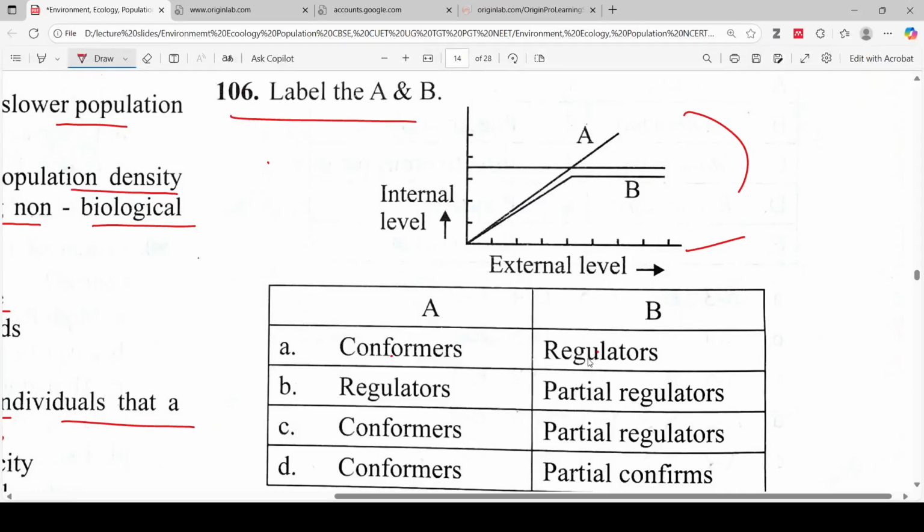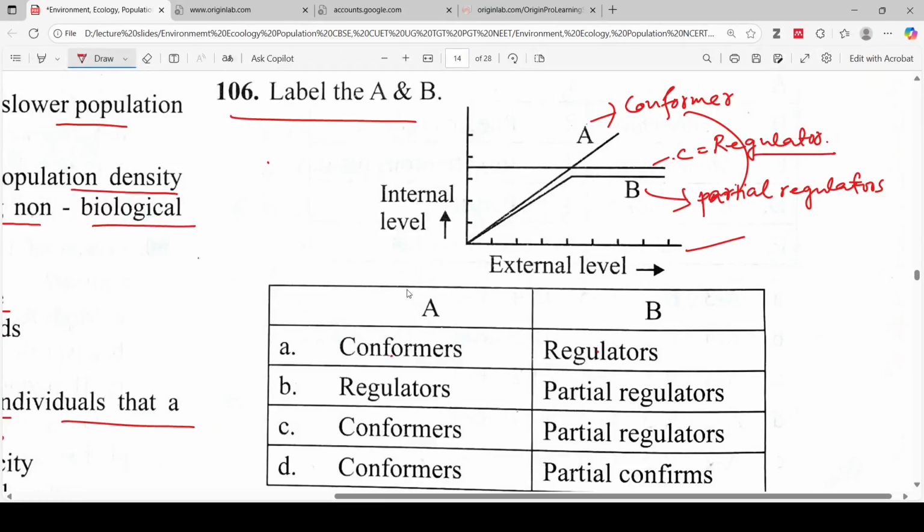So the correct answer: A is a conformer and B is a partial regulator, and if it is C, then it will be regulator.